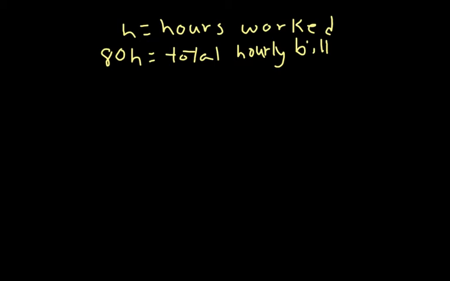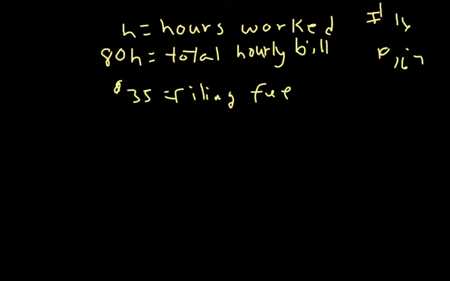Then there's a word problem that I wanted to work, this is actually problem number 16 on page 167. And the problem is that a lawyer charged $340 for working a certain number of hours, but in addition to their hourly rate, they charge $35 for a filing fee, and they charge $65 for some expenses that they had, overhead expenses they call it in the problem.